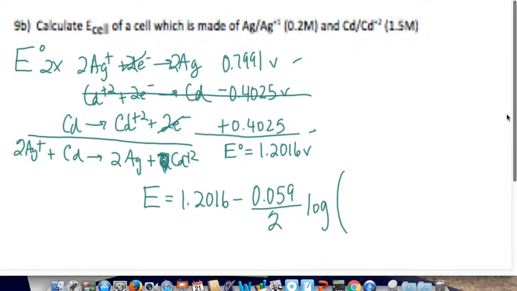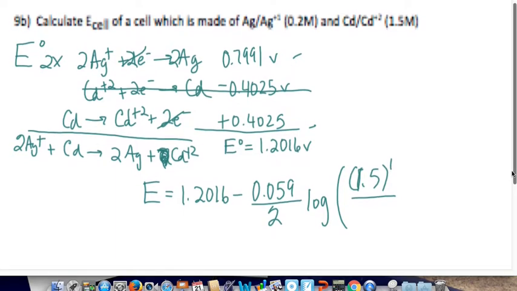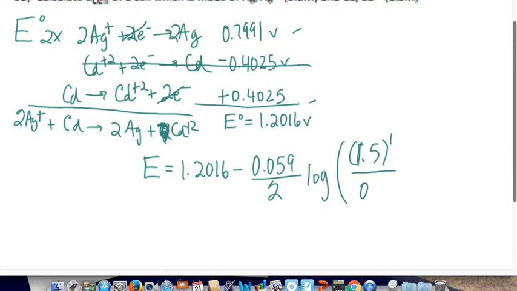Look at your balanced reaction. Right, 1.5 is the Cd, so 1.5 to the, what power? 1 divided by silver then, its ion, 0.2, but I've got 2 in the balanced equation, squared.